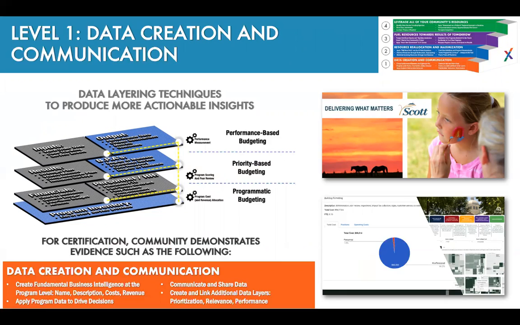So you see over on the right-hand side of the slide, Scott County, Minnesota, really latched onto this, and they wanted to redo their whole approach to the budget message in terms of delivering what matters. They use PBB to define what matters: results, or their strategic plan. And by talking about programs and their influence on that strategic plan, that is what the budget means to them. It's delivering what matters for the resources available.